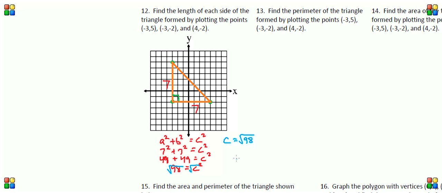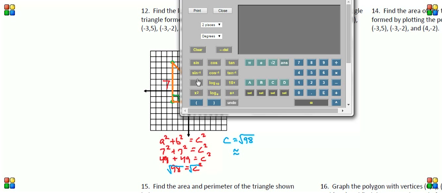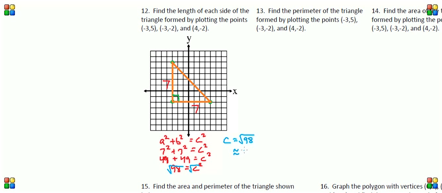Now let's convert that to a decimal so we can write a decimal answer in there. So I'm going to put approximately. Square root of 98 is approximately 9.9. So our answer is c is equal to 9.9.